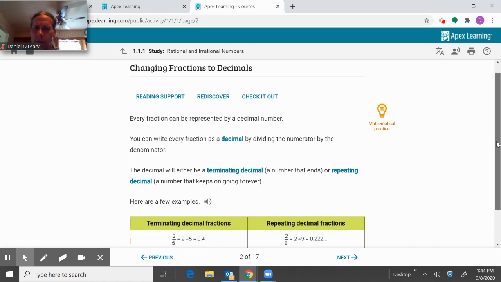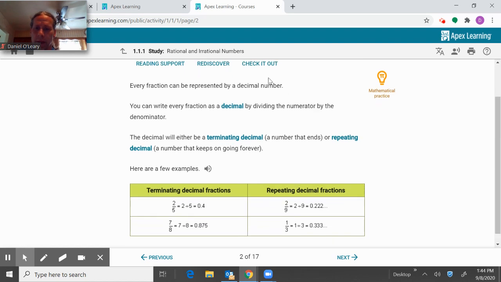On this screen, every fraction can be represented by a decimal number. You can write every fraction as a decimal by dividing the numerator by the denominator, so dividing the top number by the bottom number. If we jump down here, terminating decimals terminate. 2/5 means 2 divided by 5, which would be 0.4. 7/8, 7 divided by 8, would give you 0.875.